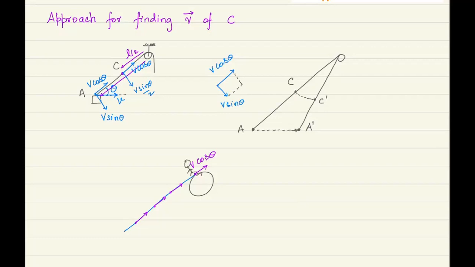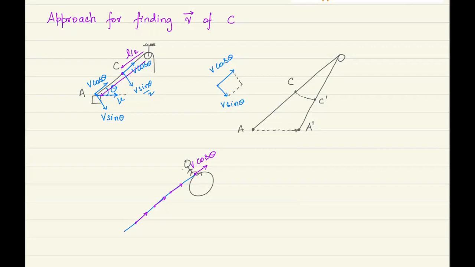This is the idea of instantaneous center of rotation problems that are done in rotational motion. So if you place an observer at the point where the string comes into contact with the pulley, that particular point has no velocity perpendicular to the length of the string, and as seen by that particular observer, every point on the string at this instant is going to be moving in circles.